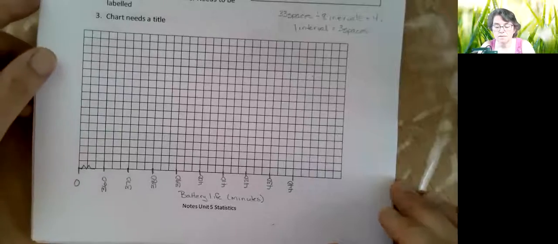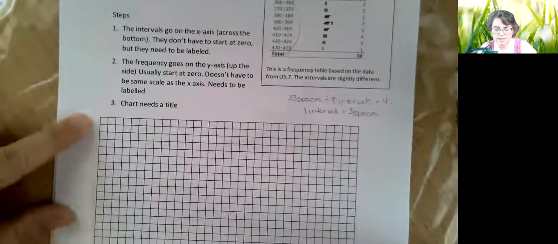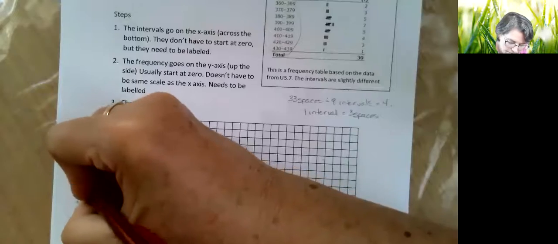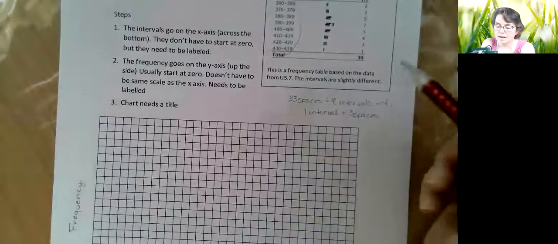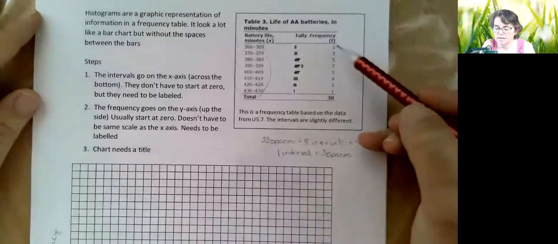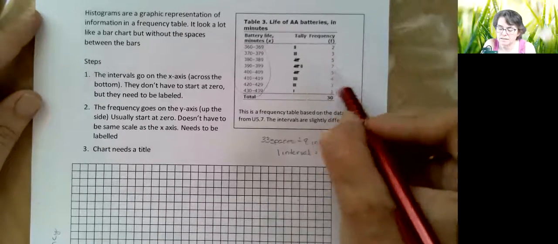Okay, now our vertical axis, this is the y-axis, is frequency. And if we look on our data table, the highest number we have for frequency is 7.